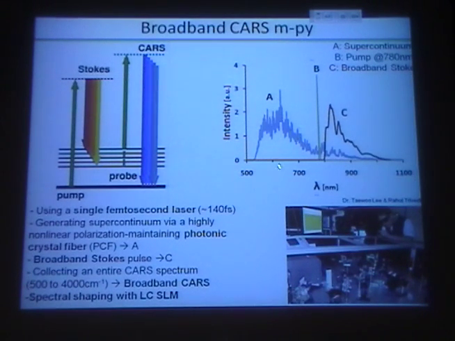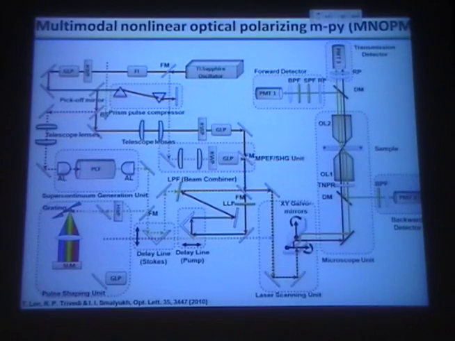So here you can see the excitation, the pump light and the broadband Stokes light corresponding to this kind of diagram, right? And then we can detect the coherent anti-Stokes Raman scattering signals that would be obtained using those excitation laser beams.